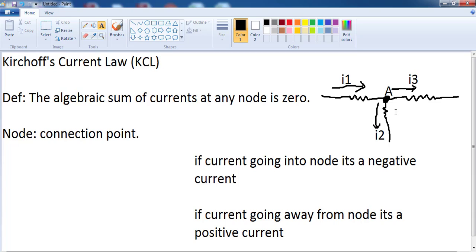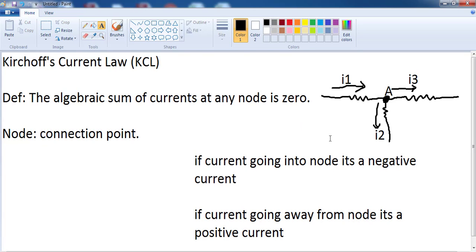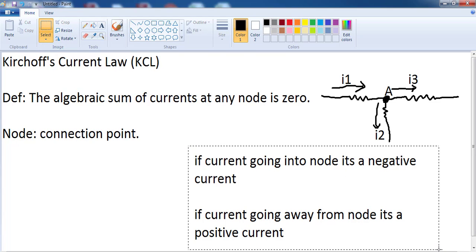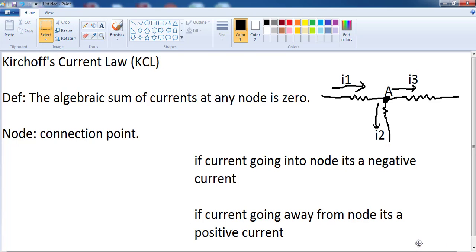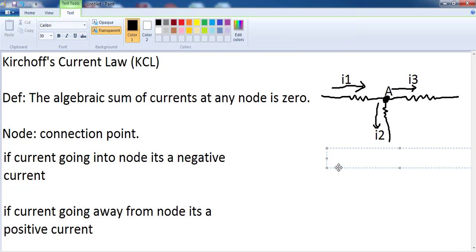So we have a simple formula for that. Let's write the formula. This was the definition.